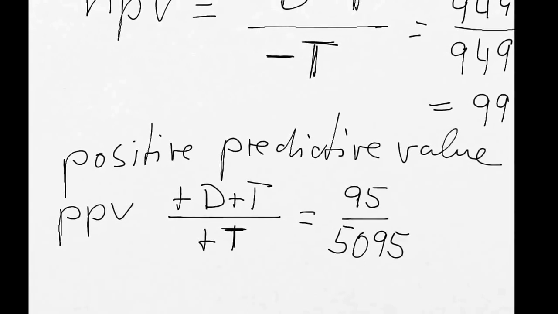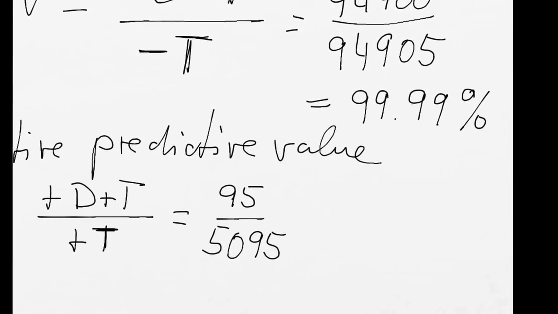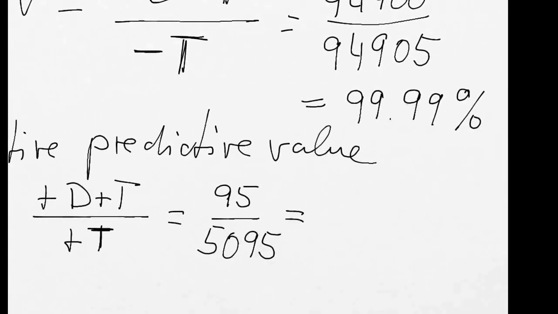Can somebody do the honors? 95 divided by 5,095. 0.02. Okay, times it by 100, then we get it in percent. It's 1.86%.